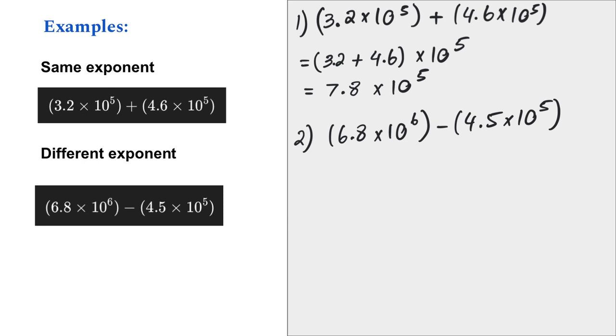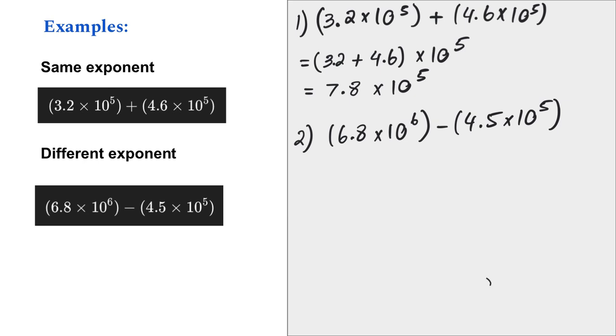So we have to rewrite. We will rewrite the smaller one so both exponents match. To make 4.5 times 10 to the 5th power into 10 to the 6th power, we move the decimal one place to the left.